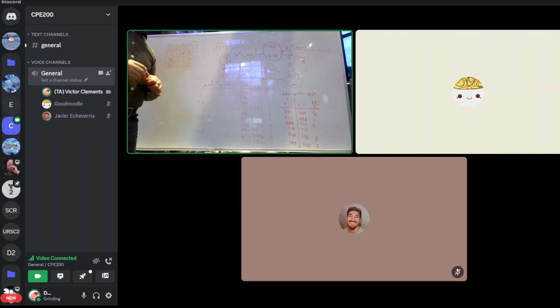Alright, so I finished up the K-map for S2, so in case you guys want to compare what the actual schematic of the K-map looks like, you can take a look at it.